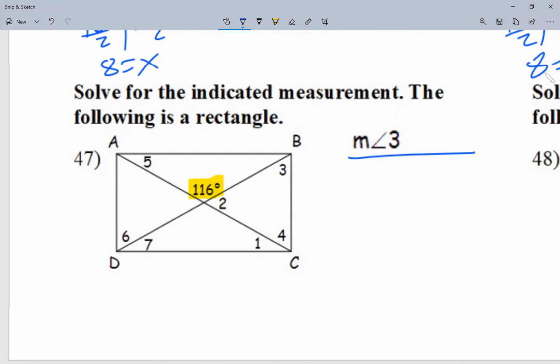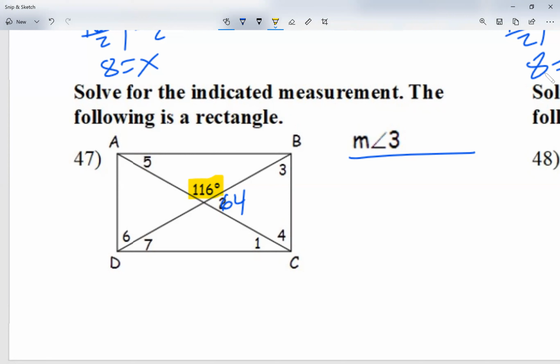I'm going to say angle 2 is 64 degrees. Okay. Some of you like, where did that 64 come from? 116 and 64 add up to 180. Those two angles are the measurement of a line. So those two angles have to add up to 180. All right, so I just went 180 minus 116, and that's how I got the 64.